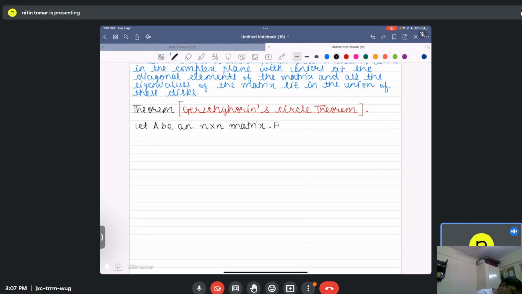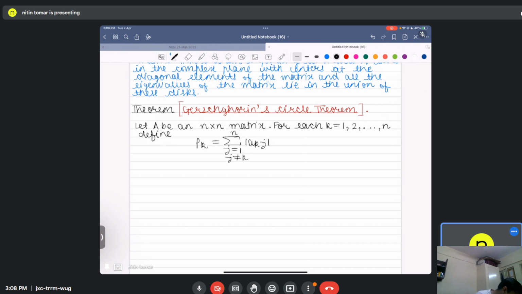So let A be an n cross n matrix, and for each k varying from 1 to n, we define rho k as this: it is the sum of all those |akj| such that j goes from 1 to n and j is not equal to k.